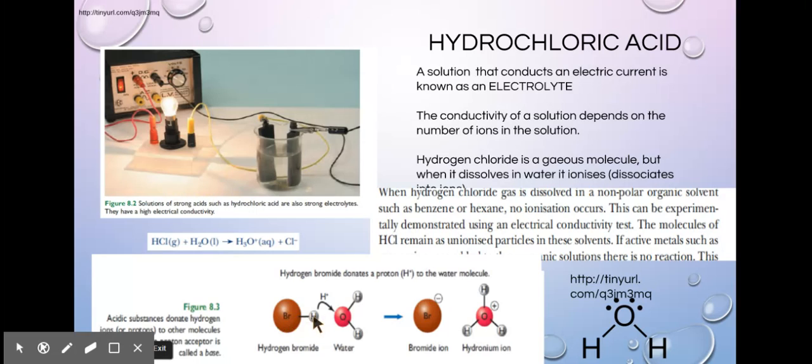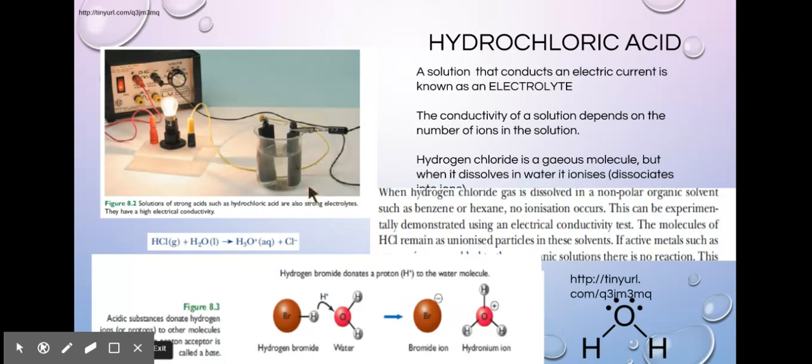When it's in water, it gets attracted to the hydrogen here, gets attracted to the water molecule, and it leaves the electrons behind to form the Br minus, and the electrons over here on this oxygen have attracted the H plus, and it's formed the H3O plus that you can see here.